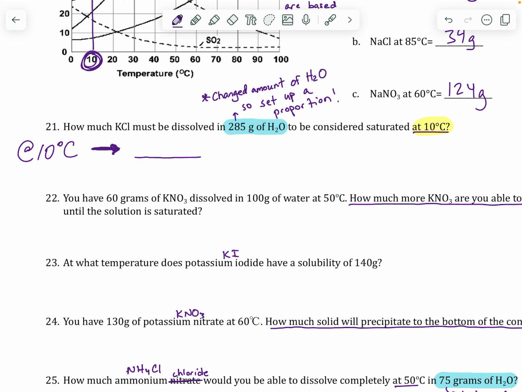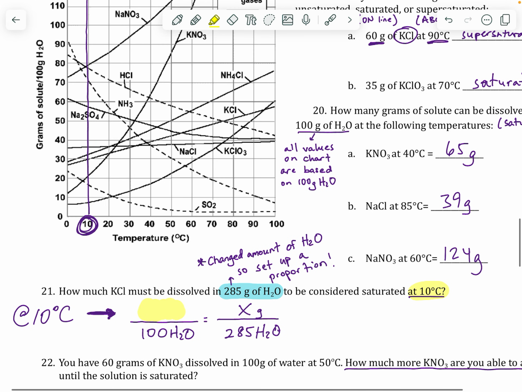And so what I need to do is identify how much the chart tells me I can dissolve in 100 grams of water. I'm just going to put H2O there instead. And then I can ask, how many grams would I be able to dissolve in 285 grams of water? What we're doing is setting up a proportion based on how much we can dissolve in 100 grams at this temperature. This value right here is the only one we're missing, and we're going to base it off the KCl line because that's the substance it's asking me about.